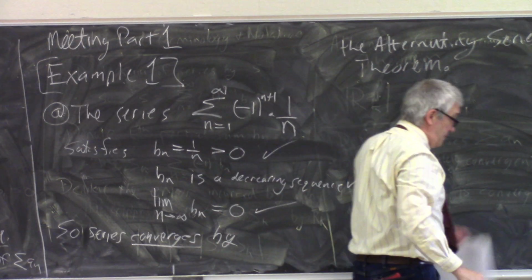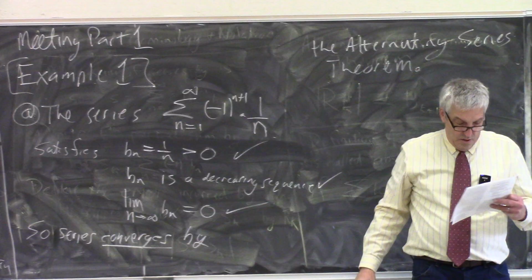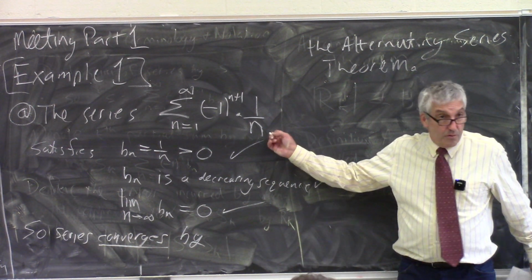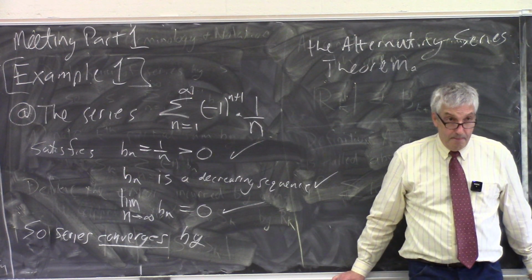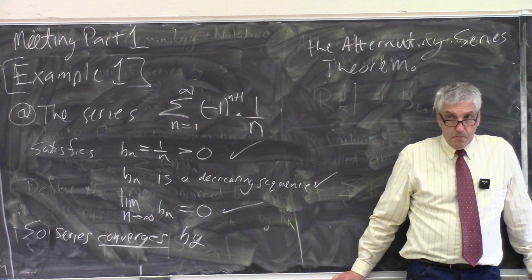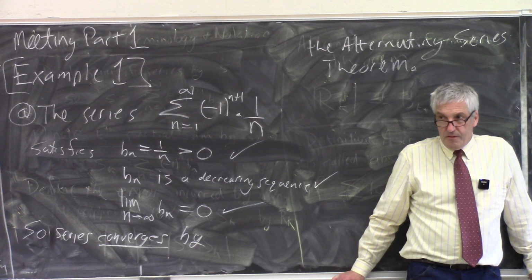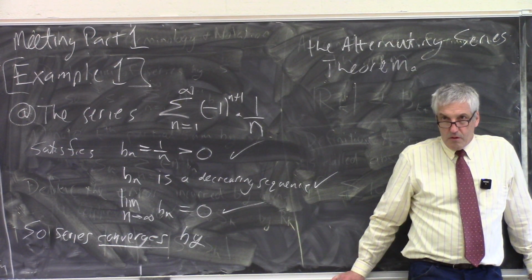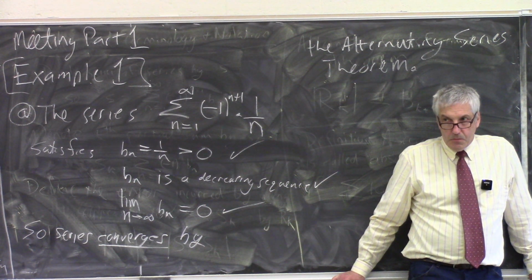All right, so can somebody tell me, is this series absolutely convergent? Marcy? I don't think so. Can you say why? Because since there's a negative value in the equation, the terms can sometimes end up negative.